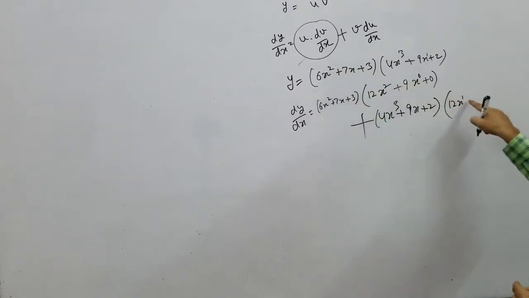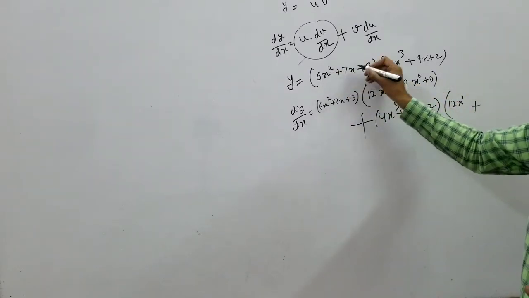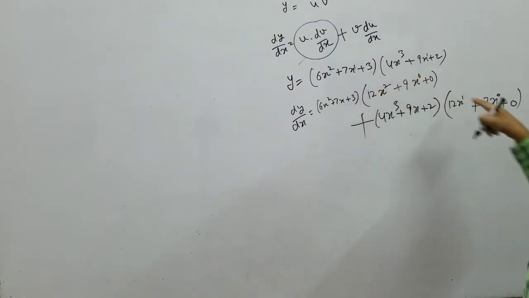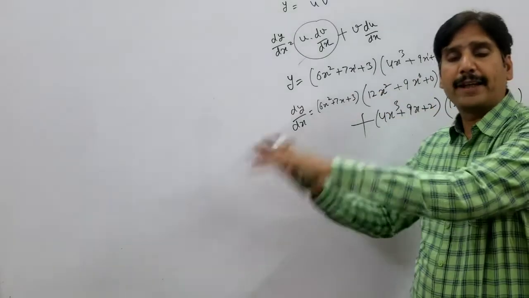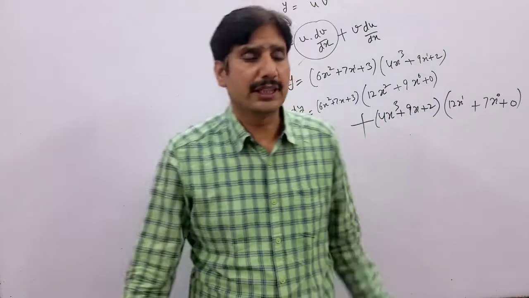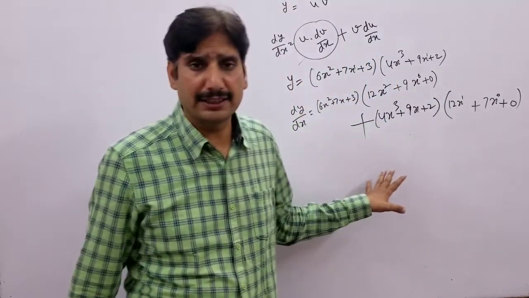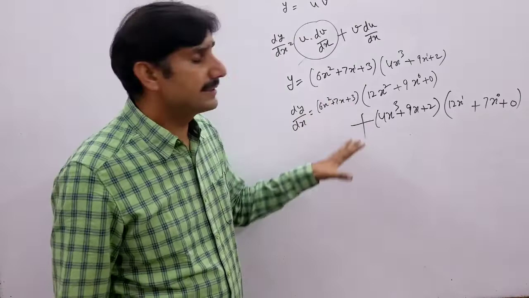It was 2 over here, it becomes 1 over here, plus 7x raised to the power 0, plus 3 was a constant, its differentiation is 0. You can algebraically solve it out, or you can leave it up to this point only. This is absolutely correct.